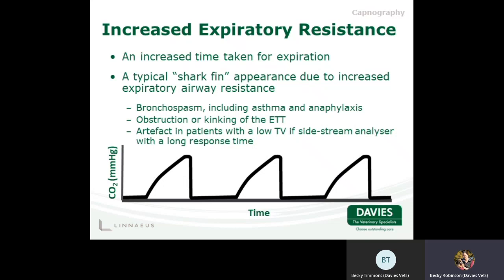This increased expiratory resistance means it's harder for the patient to breathe out, and this often occurs in situations such as bronchospasm. Examples being patients with asthma or who are undergoing an anaphylactic reaction. It can occur with a partial obstruction or kinking of the endotracheal tube, but it can also be an artifact in patients who have a low tidal volume when we're using a side stream analyzer that has a long response time.